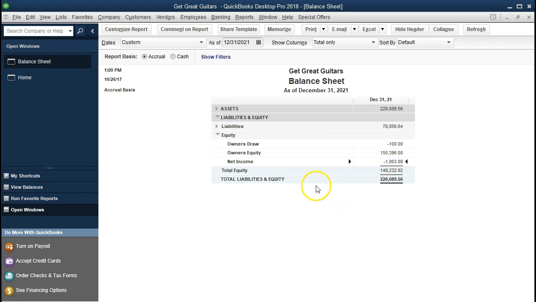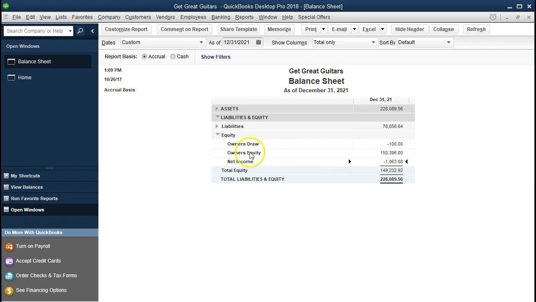So in other words, when we go to the income statement, as we will in a bit, and make the income statement for the same time period, meaning the year ended 12/31, January 1st through 12/31, we'll see that we had a loss of 1,063.08. And so on the balance sheet, QuickBooks combines that. QuickBooks shows us that and it breaks out that component. A little bit unorthodox, but can be useful when we try to tie these accounts out.